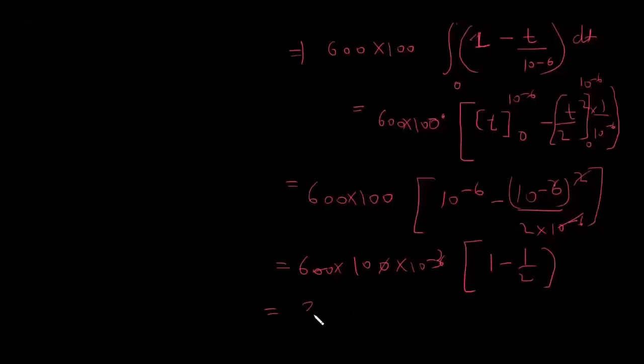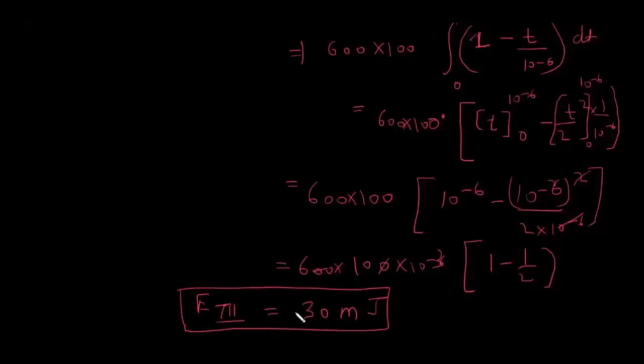If you solve this, it will come to 30 millijoules. So the energy dissipation during the third interval is 30 millijoules.